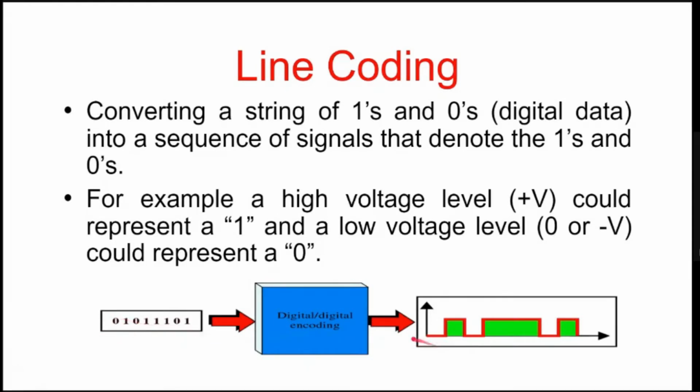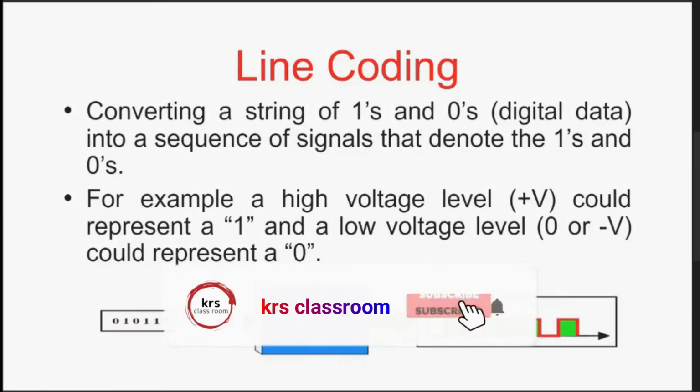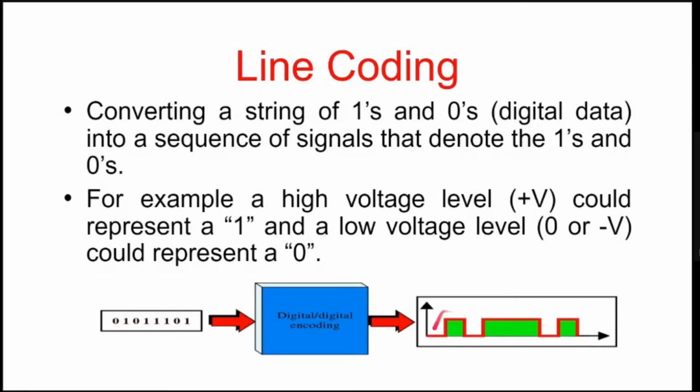So 0 means I indicate this is 0. This line is 0, the bottom line, right? And if it is 1, it is a shape of one. That is the rise, and this is the shape of 1. So this full line is counted as 1.